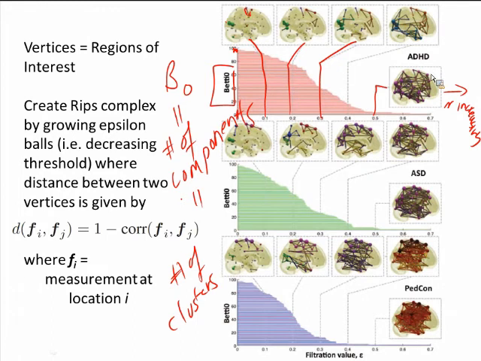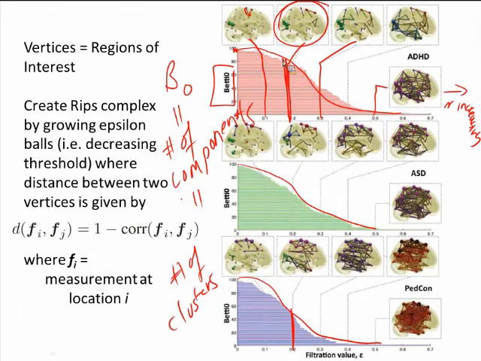One thing you can notice about this data is the number of connections changes at a different rate for ADHD versus autism spectrum versus your control. So the number of components, the number of connections changes. If I'm at point 2 here versus if I'm at point 2 there, we don't have as many connections here.